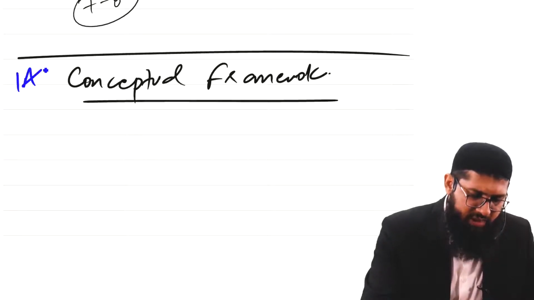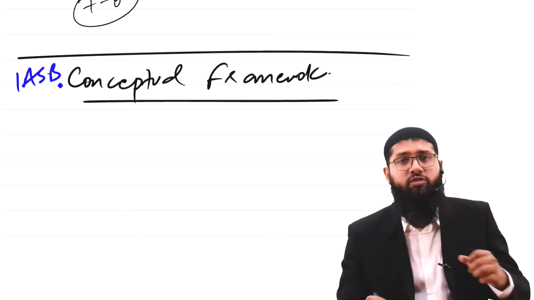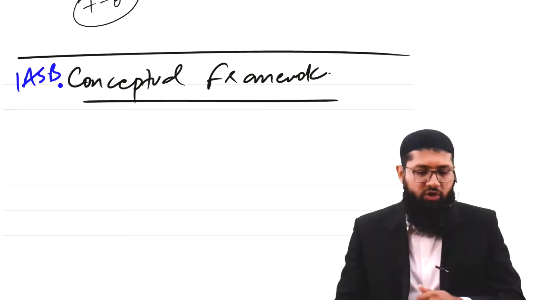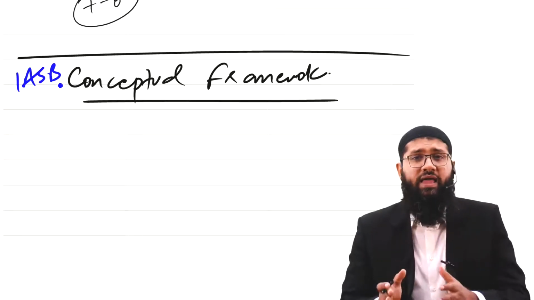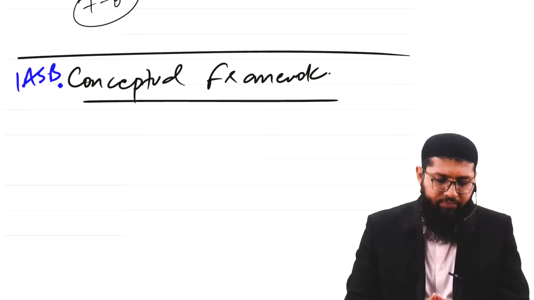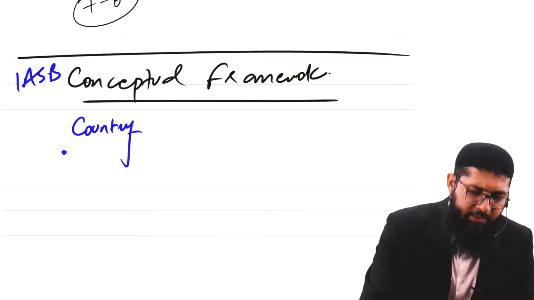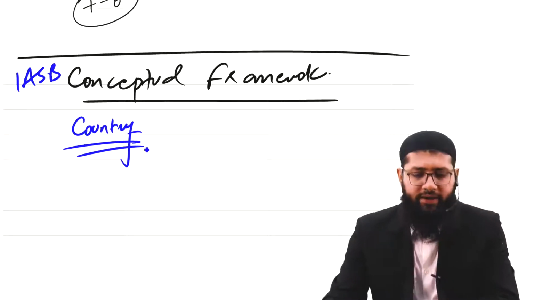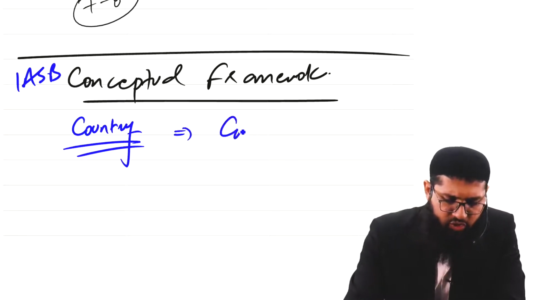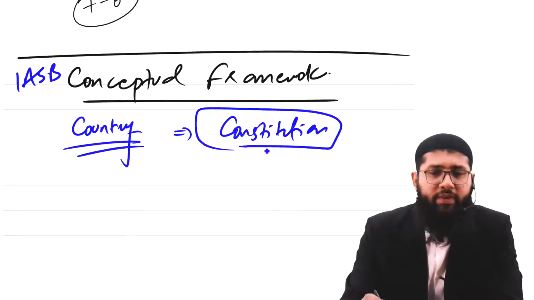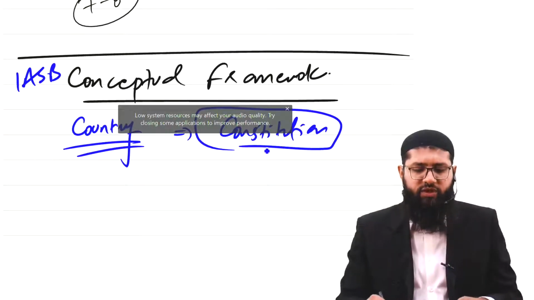This is termed as the IASB conceptual framework. What is it termed as? The IASB conceptual framework. What is this IASB conceptual framework? So you see, if you go to any country, there is going to be a constitution. The constitution means what?